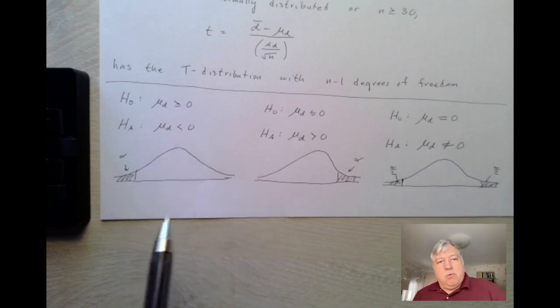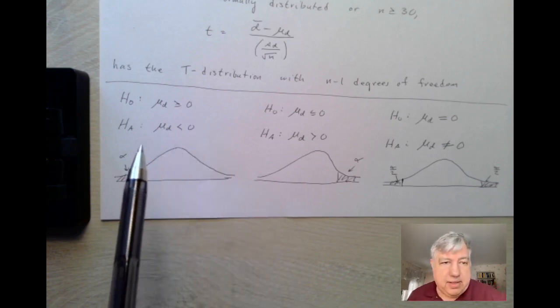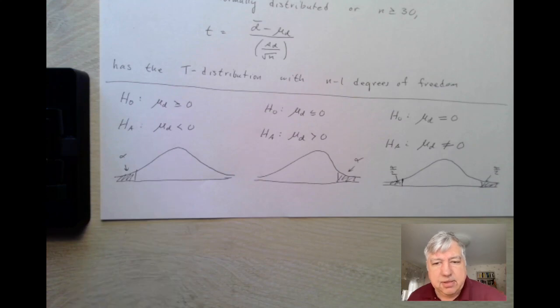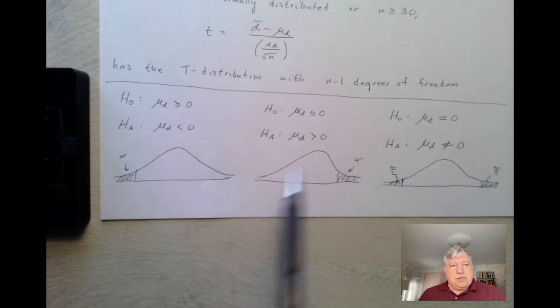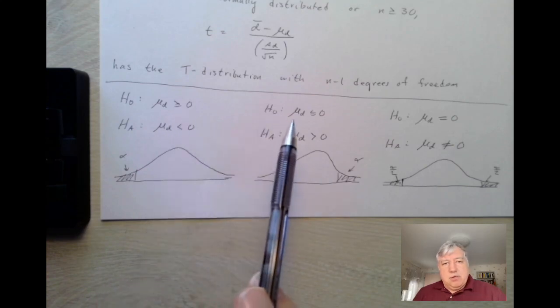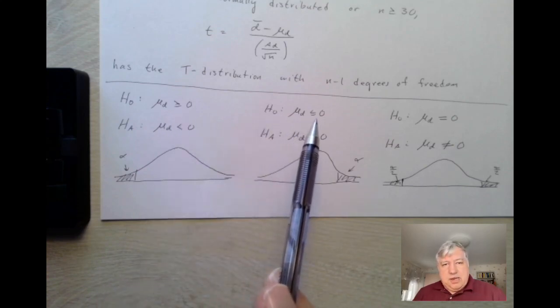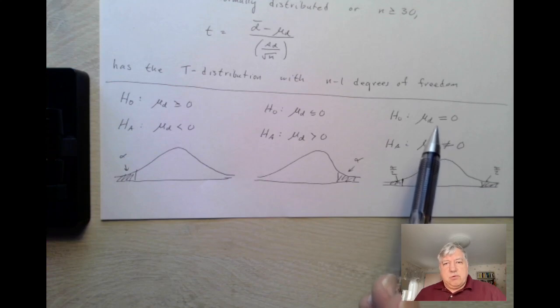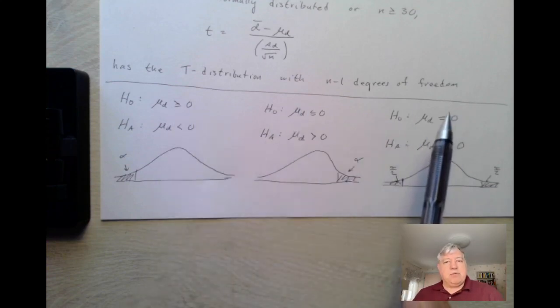The null hypothesis in these problems is going to be one of three cases: mu sub d is greater than or equal to 0, or mu sub d is less than or equal to 0, or it's equal to 0.